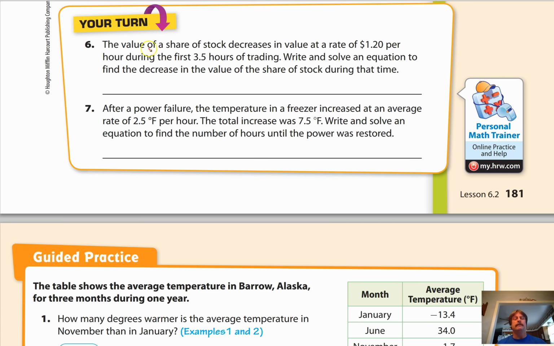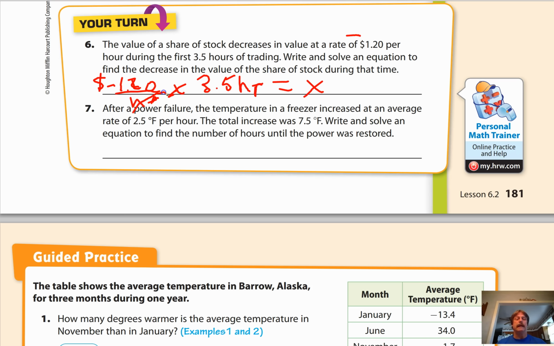So when I take a look at this, knowing all the things that we know about it: the value of a share of stock decreases at a rate of $1.20 per hour, so that's a negative, during the first 3.5 hours. Write and solve an equation to find the decrease in the value. Intuitively, if it's going to be $1.20 per hour for the first 3.5 hours, I would set it up as negative $1.20 per hour times 3.5 hours would equal x.